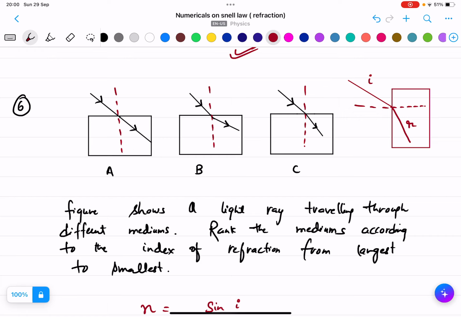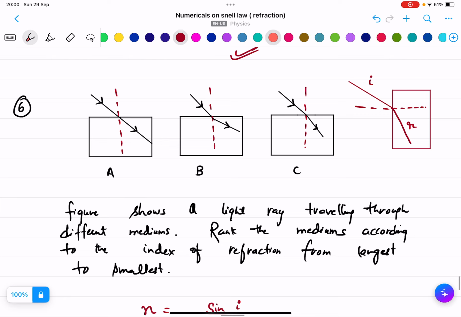In all these three figures, maybe we can see this angle, the lowest angle is this one. Let us say this is just 10 degree. And then second is this, let us say it is 20 degree.